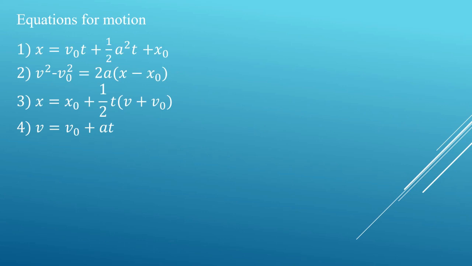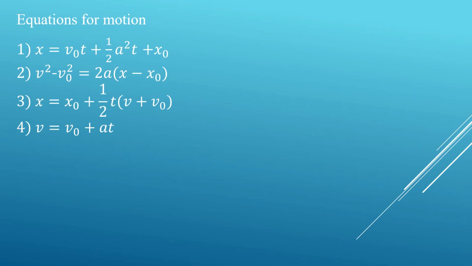In your textbook, you're gonna see a couple of equations for motions. And here I wrote 4 equations that you might use for most problems. So the difference between these equations is the values you have. Sometimes you have displacement, acceleration, and looking for time, right?